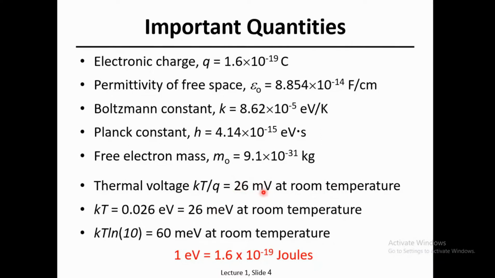Here we need it because we will always go to room temperature to be able to calculate the concentration of electrons inside the semiconductor. And of course, 1 electron volt is 1.6 times 10 to the minus 19 joules.